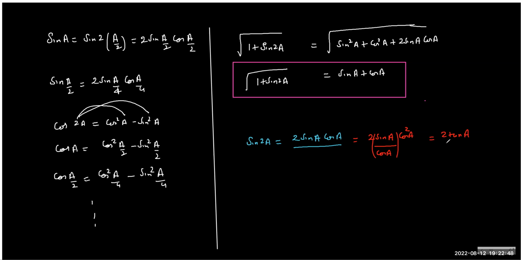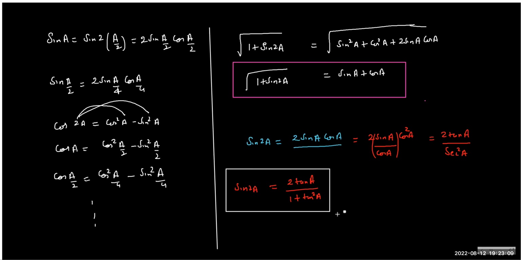So cos square I can write in denominator as sec square. And we know the sec and tan relation, 1 plus tan square A. See, you can convert the sine into complete tan relation. And this relation is again very much useful in integration chapter.